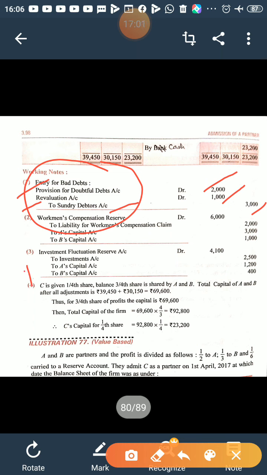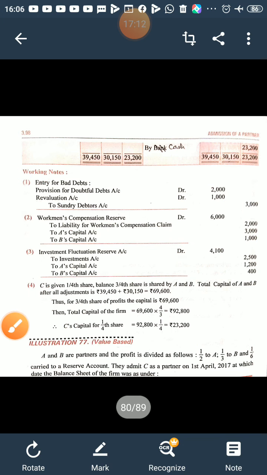So in the first journal entry, you can pass bad debts account debited to debtors account 3,000. Then that bad debt will be written off against provision for doubtful debt. So we have a bad debt of 3,000.